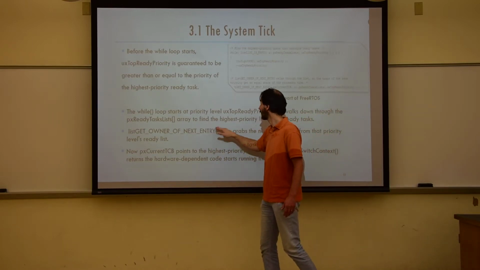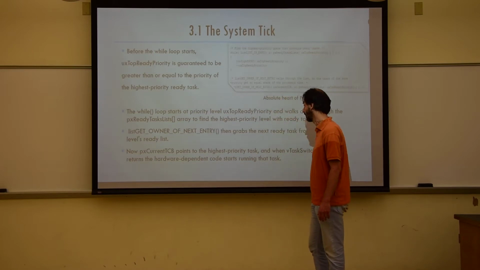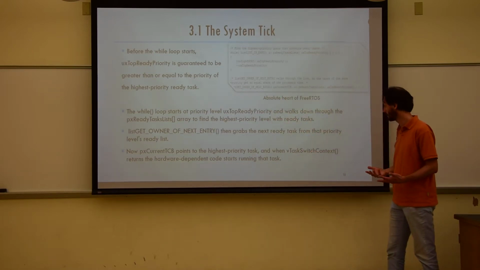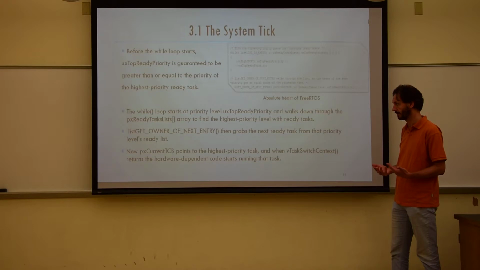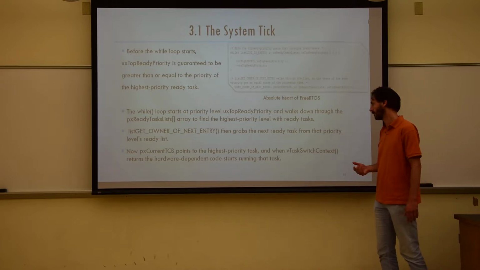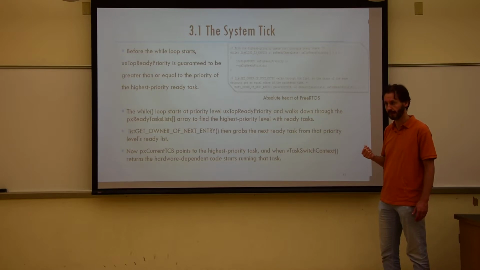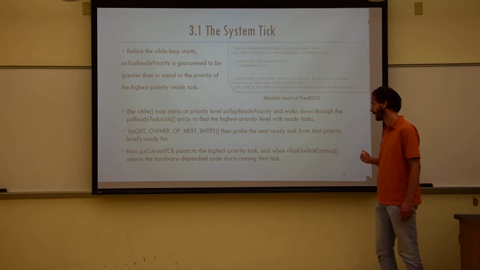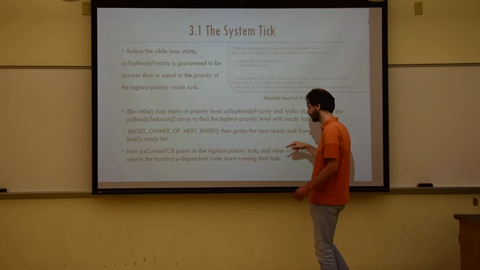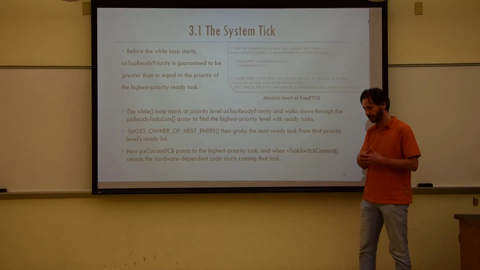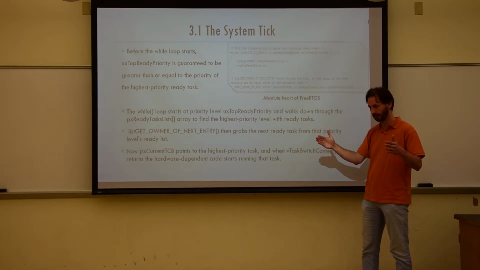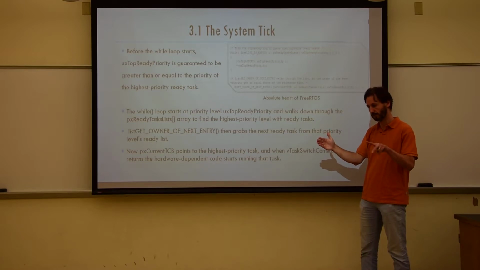So now this function over here, it's described over here, now grabs the next ready task from that priority level's ready list. And the idea is that we are going to cycle through those ready tasks. So here we talk about the next ready task, because you have a list and it has maybe 5 ready tasks, and you've already started executing the first and the second.